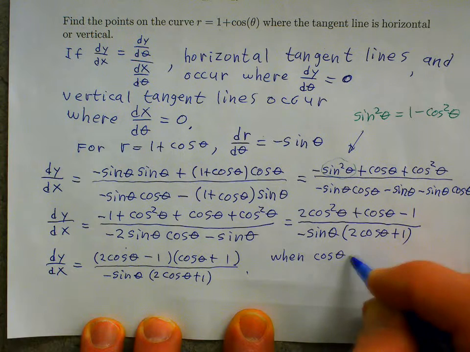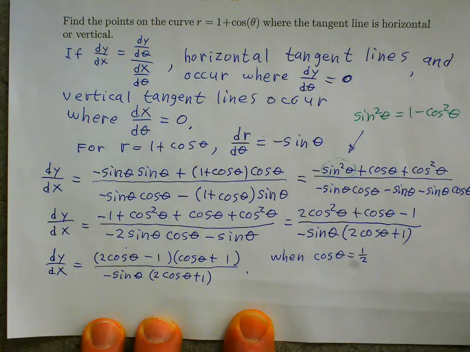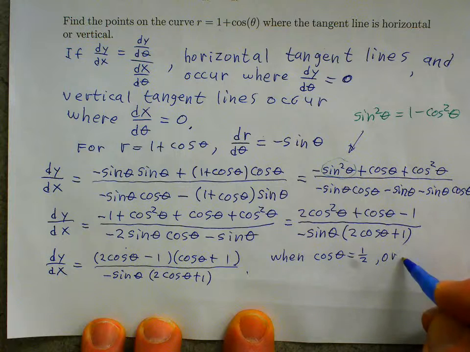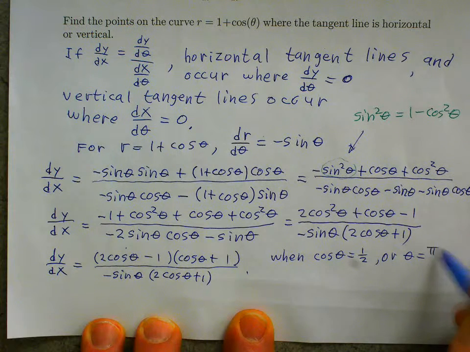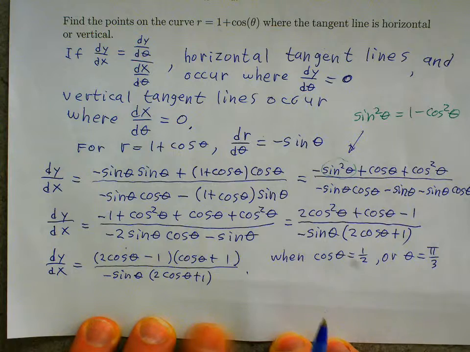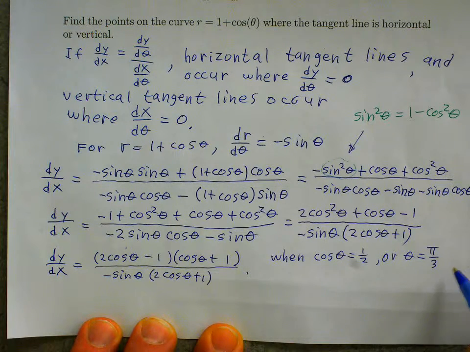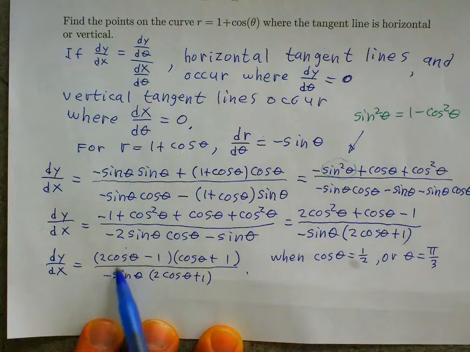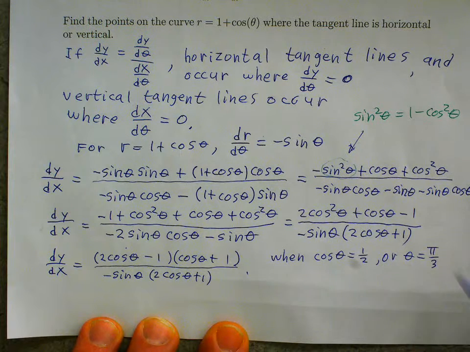So cosine of theta equals 1/2, or theta equals pi over 3. And that's not the only place. Cosine is also positive in the fourth quadrant. So that would be 5 pi over 3, right? So cosine of theta equals 1/2. That makes this numerator 0 when theta is pi over 3 and 5 pi over 3.